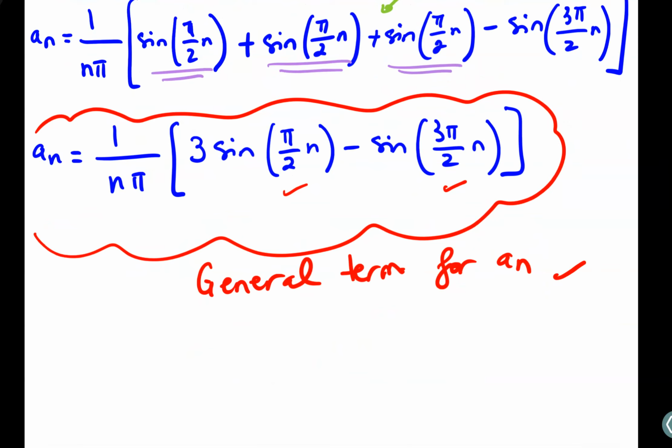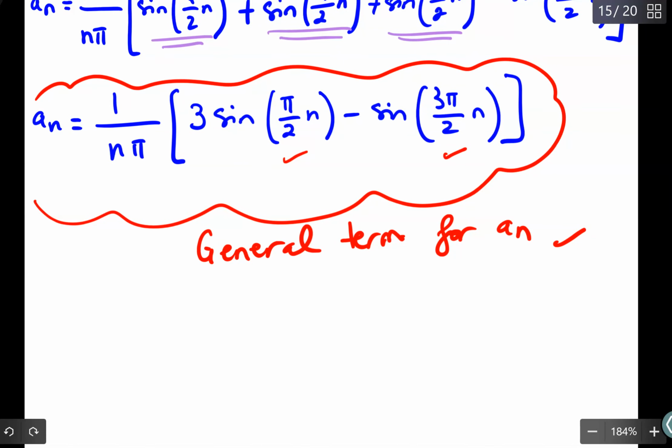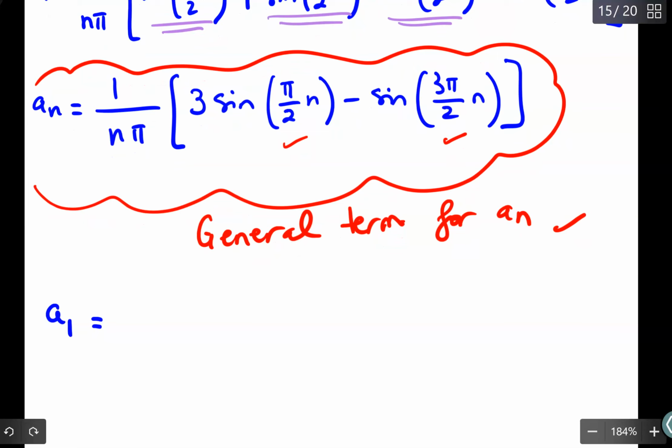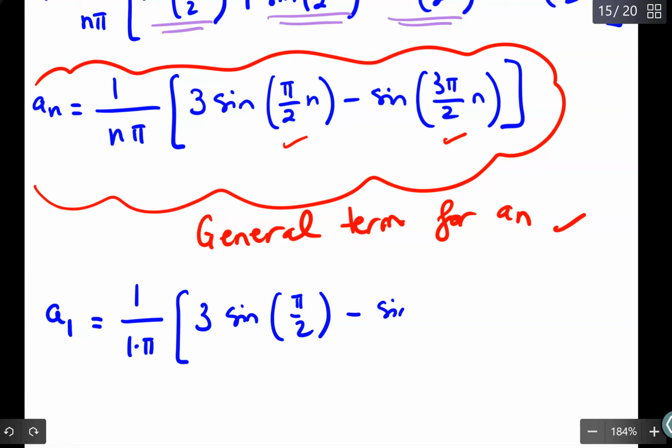My next step is to figure out A1, A3, A5, A7, and A9. So I will write A1 is equal to, where the n is, you substitute in the 1. So 1 over 1 times pi, 3 times sine of pi over 2, subtract sine of 3 pi over 2.